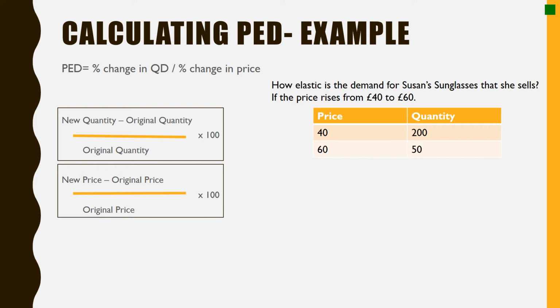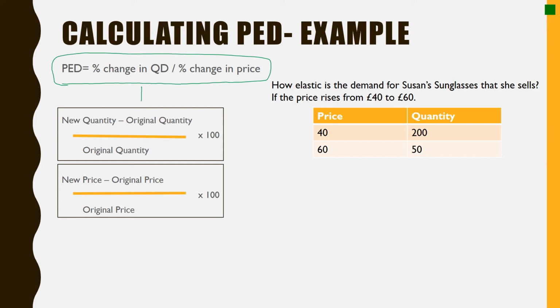So in order to work out the price elasticity of demand, you need to know this following formula, which is the percentage change in quantity demanded divided by the percentage change in price. Okay, and in order to work out these percentage changes, we use the following formulas below. So in this example here for Susan's sunglasses, we see that the price has risen from £40 to £60 and different quantities are demanded.